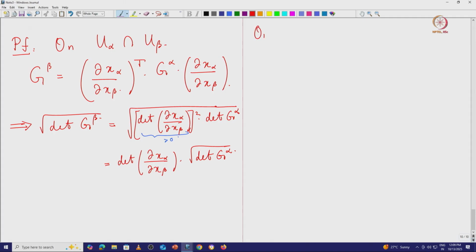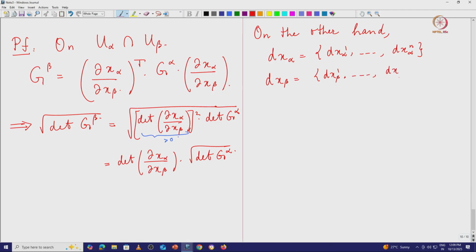On the other hand, the one forms: suppose you write the basis of one forms dx alpha as a row vector, and the basis dx beta as the row vector dx beta 1 through dx beta n.